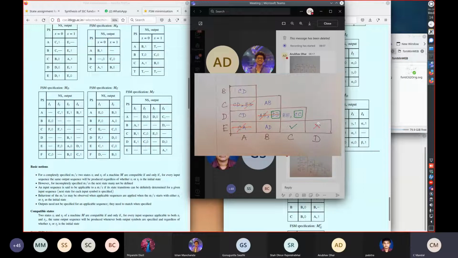So there is a cascading effect. Some of these also become incompatible. Okay, so good. Now that you have got the merger table, please go on to construct the compatibility graph. Someone can construct the compatibility graph and post it here. So this is okay. We've studied this.